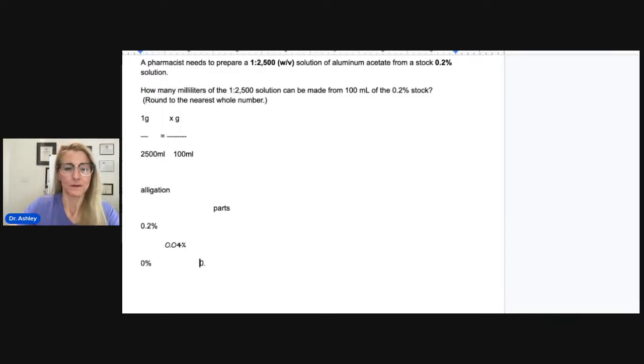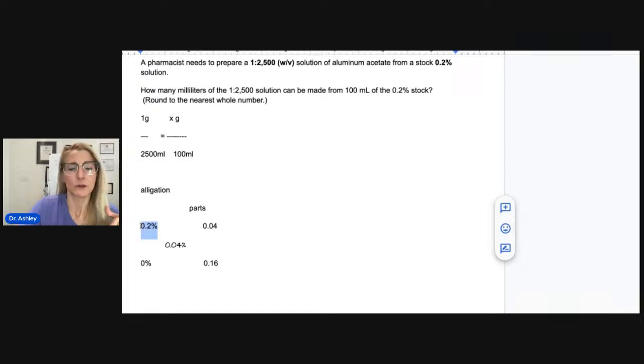The parts would be 0.16. If I'm wrong, let me know. If we subtract going the other direction, we have 0.04 parts. So I have 0.04 parts of 0.2%.